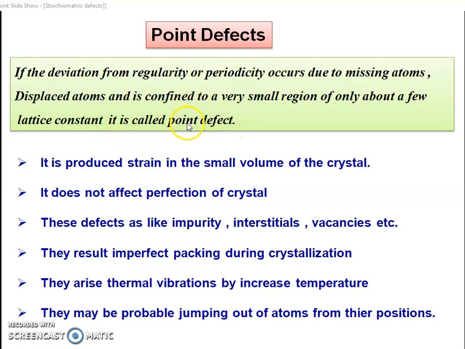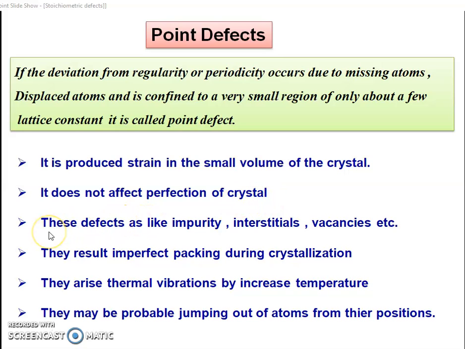So this is the definition of a point defect. A point defect is produced in a small volume of the crystal having several atoms, but this defect does not affect the perfection of the crystal.